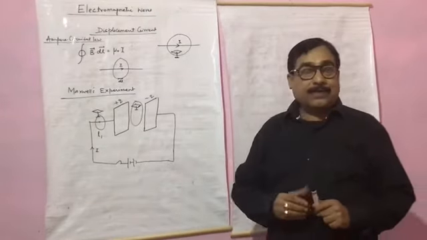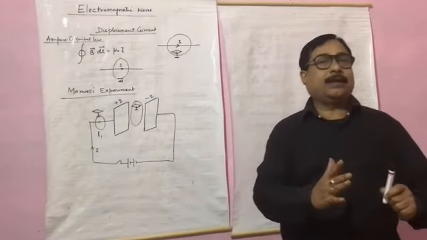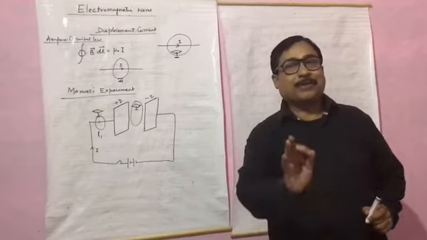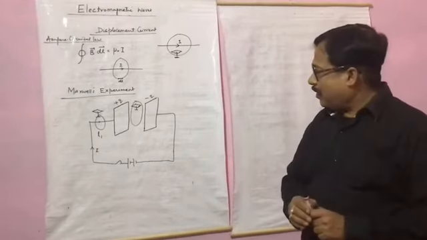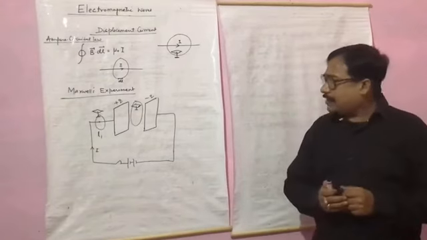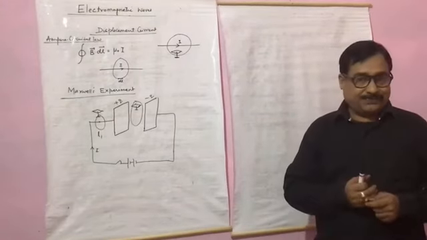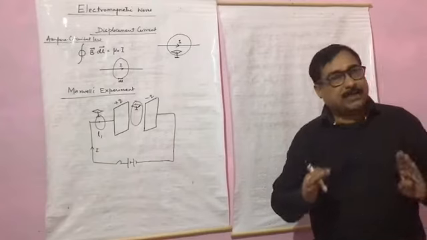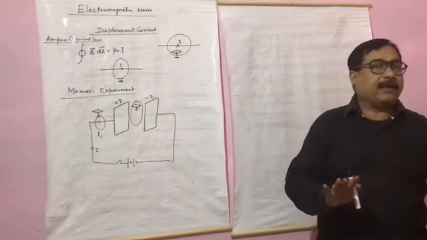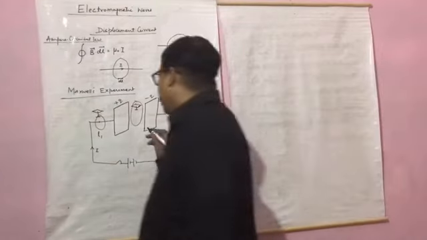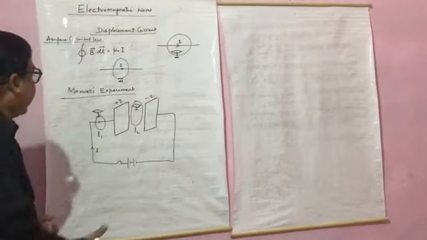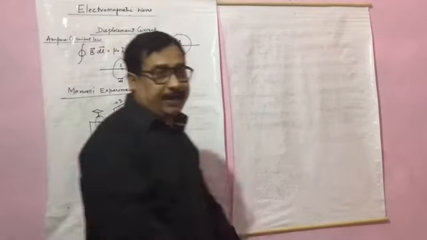And the deflection in the magnetic needle is the proof of the presence of a magnetic field. There is no conductor, there is no current. How does this magnetic field come? Because the deflection of the needle is 100% proof of the presence of a magnetic field. So this is loop 2. The study of this loop 2 gives rise to the concept of displacement current.